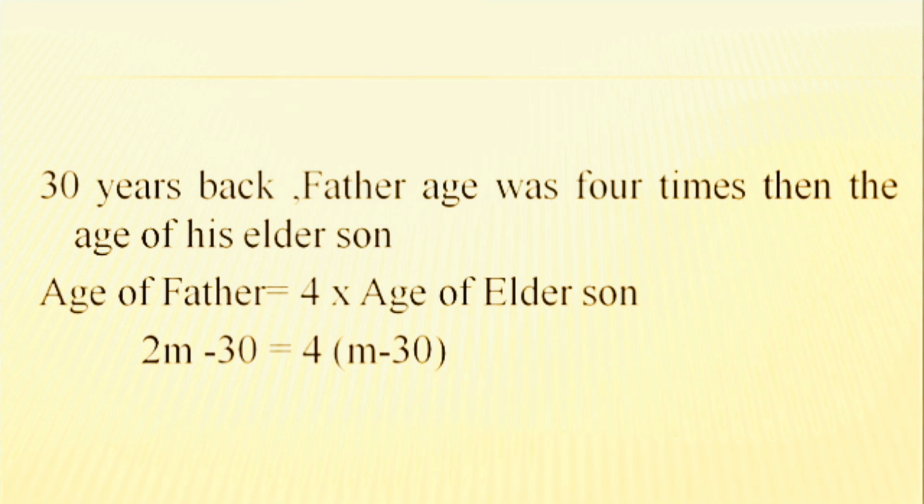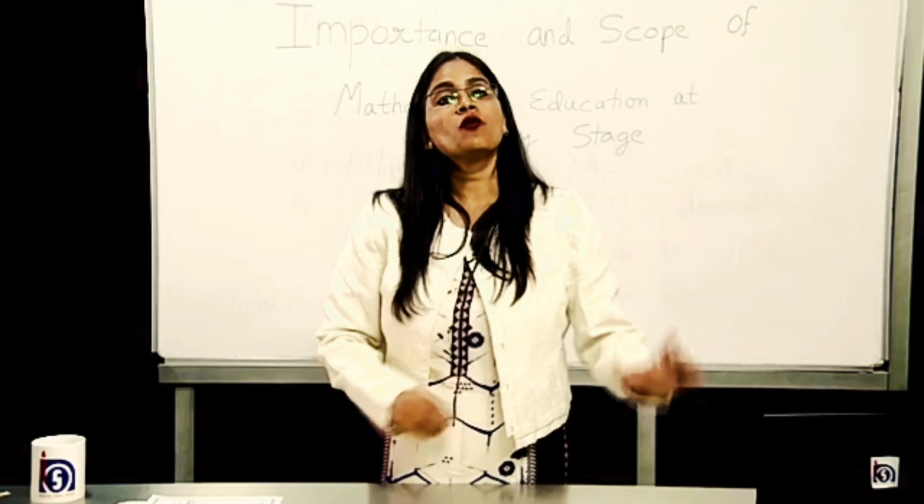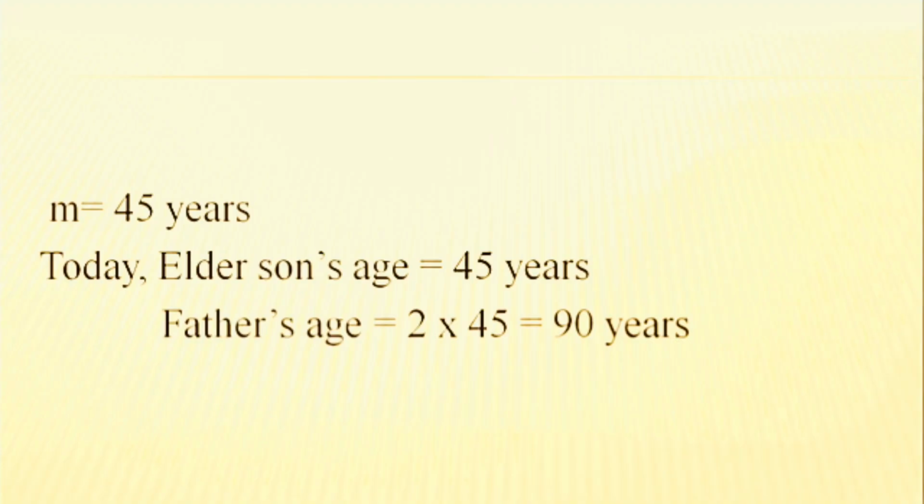So, age of father equals 4 into age of elder son. 2m minus 30 equals 4 within bracket m minus 30. So, when we solve the equation, m would be 45 years. So, the elder son's age equals 45 and the father's age is 2m, that makes 90 years.